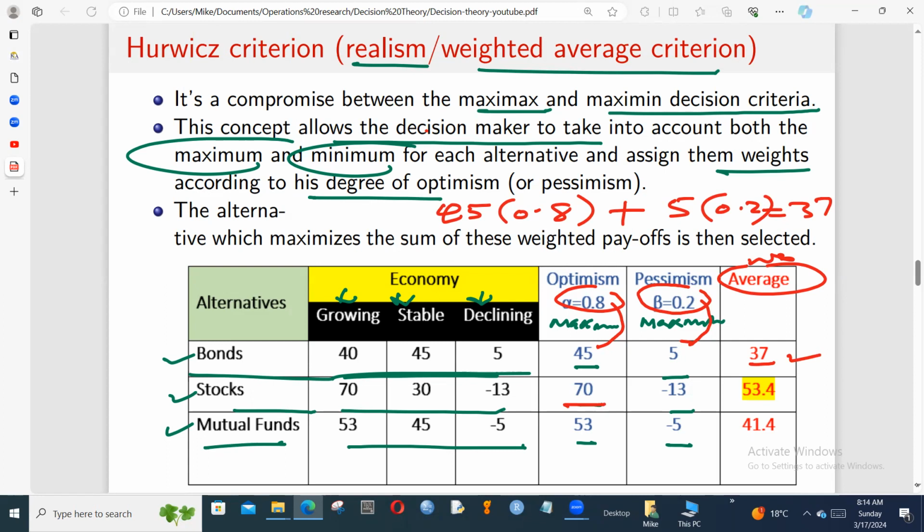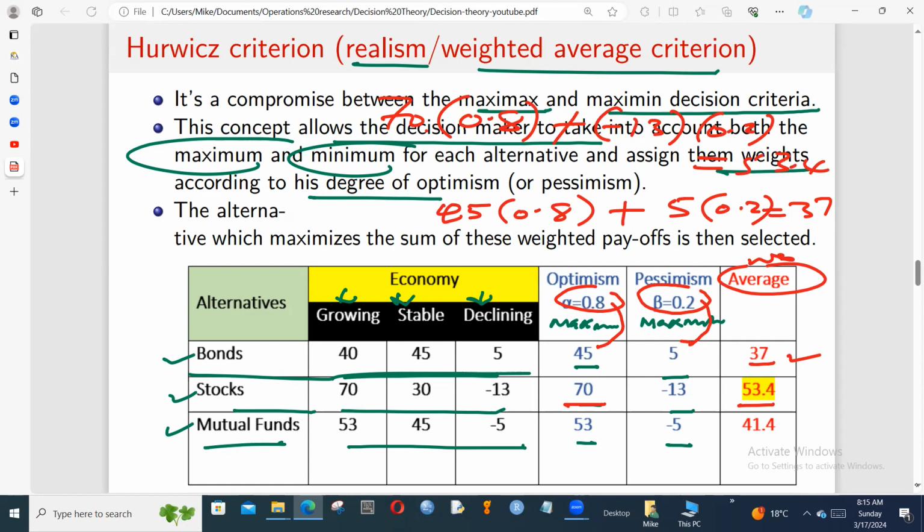And then the next one, I'm talking of 70 times 0.8 plus negative 13 times 0.2. And that's what is giving us 53.4. And so that's how we are calculating these weighted averages.